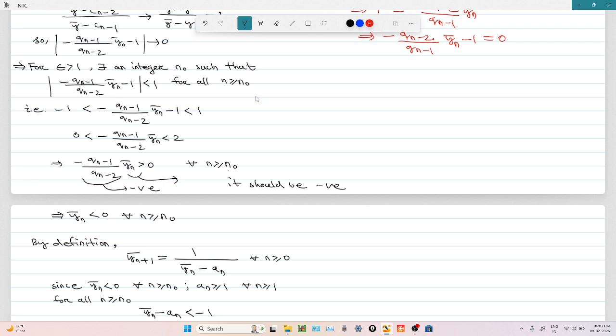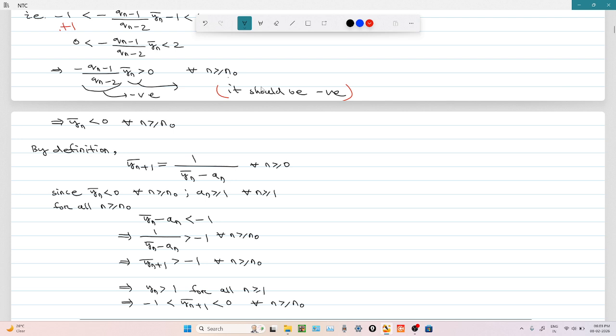We just add 1 to each term, then this becomes 0 and this term becomes 2. We know this is negative, then yn bar also should be negative. This implies that yn bar is less than 0 for all n greater than or equal to n0.